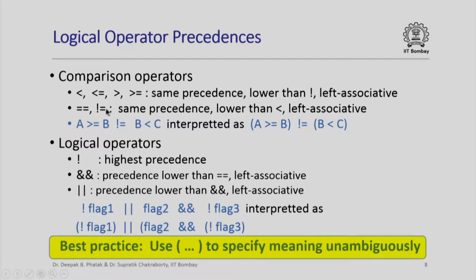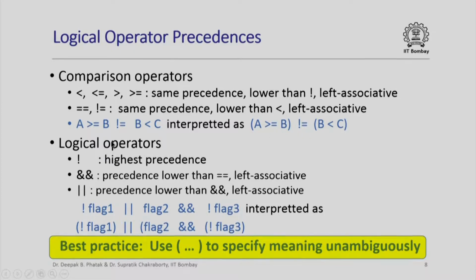Equals and not equals have the same precedence, but their precedence is lower than that of less than or equal to, greater than or equal to, and they are also left associative. So for example, if I write an expression like this, what it means is that the operators with higher precedence, greater than or equal to and less than, must be evaluated first, and then the operator with lower precedence, which is the not equal to operator here.